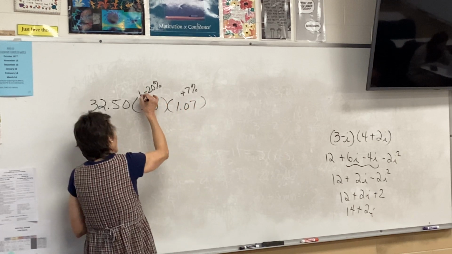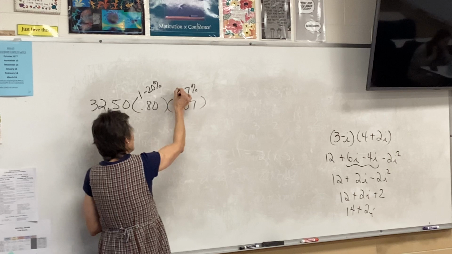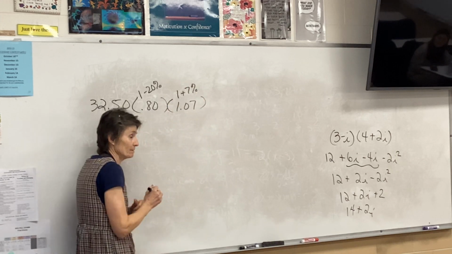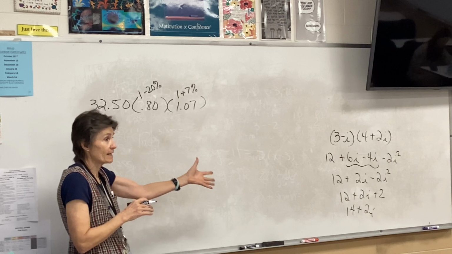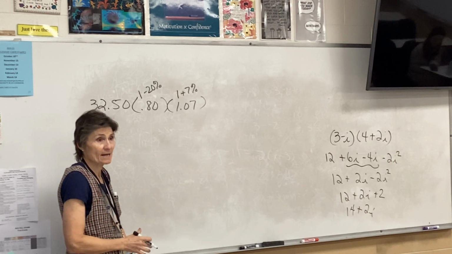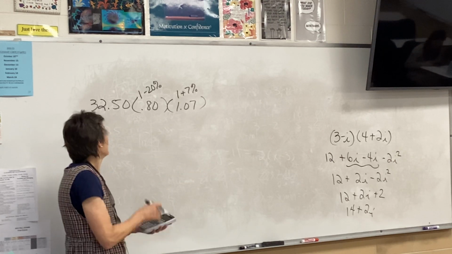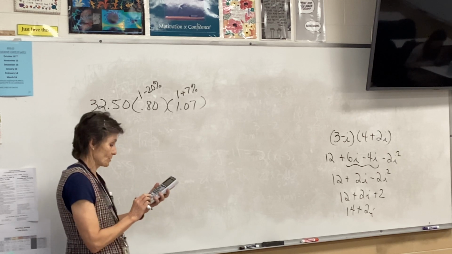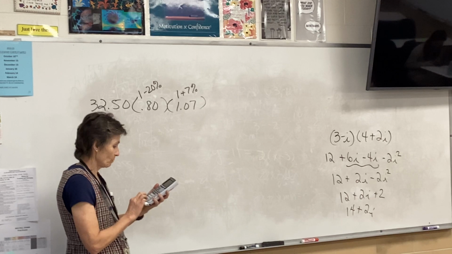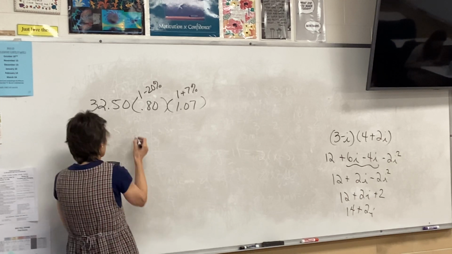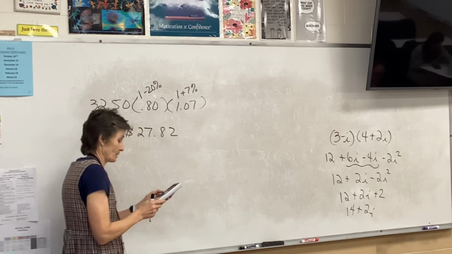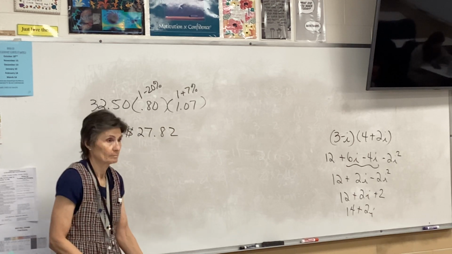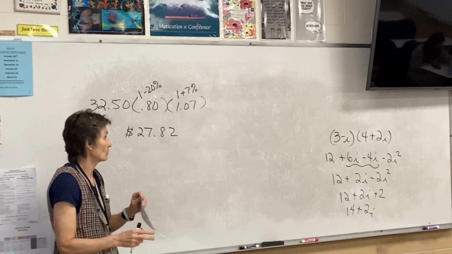Remember, it's 1 minus 20, 1 plus 7. It's always 1 something. Minus if it's a takeaway, plus if it's an add-on. And then we just multiply. So 32.5 times 0.8 times 1.07. I got $27.82 as the final cost.